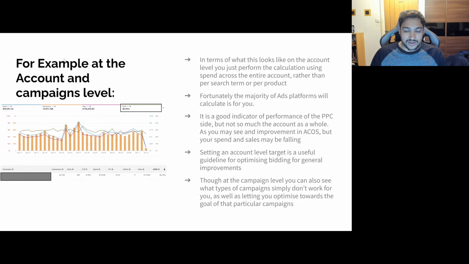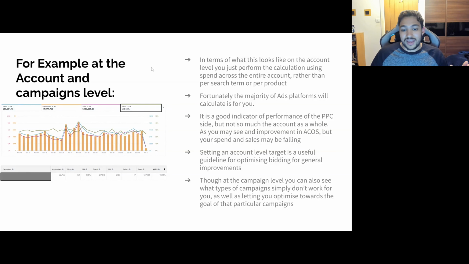So, what does it look like in an account? If we take it from the PPC side, it would look a bit like this. Here we have an account, name removed, and we can see that they spent roughly $39,000 to get $139,000 in sales. Similar to what we did earlier, instead of doing it on the product level or the search term level, we take spend across the entire account and every sale associated with an ad.